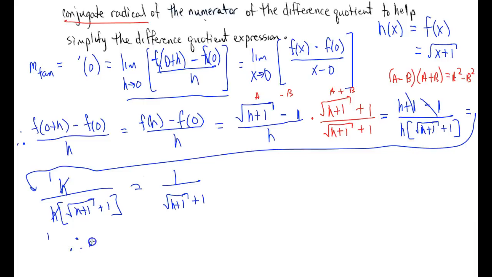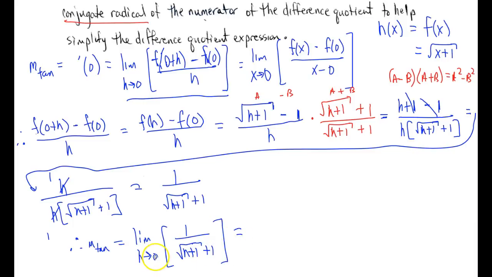So from here, we have the slope of the tangent line will be the limit as h approaches 0 of, and now before, remember we had the difference quotient here, but we're rewriting our difference quotient now as just 1 over square root of h plus 1 plus 1.